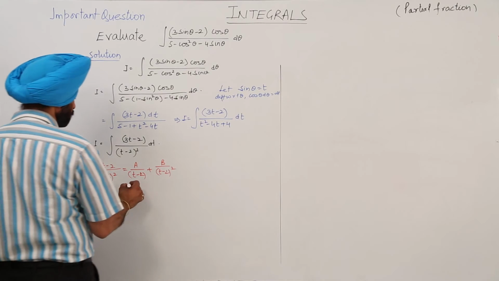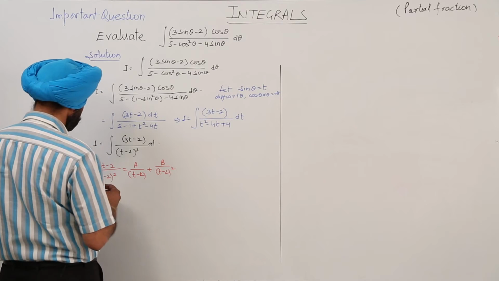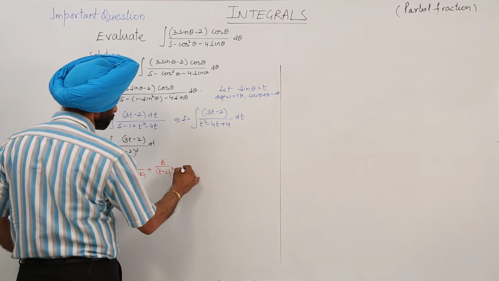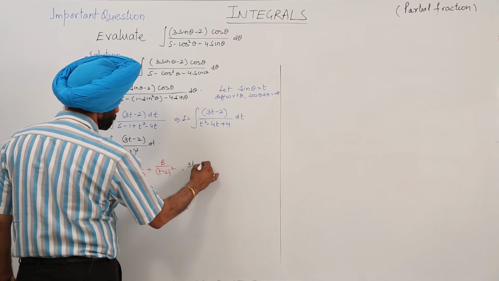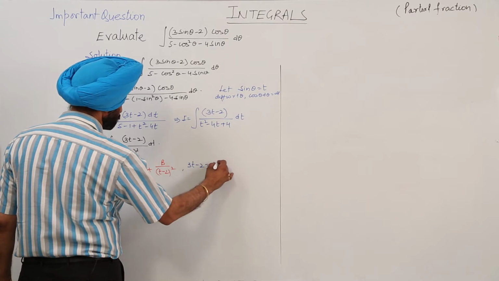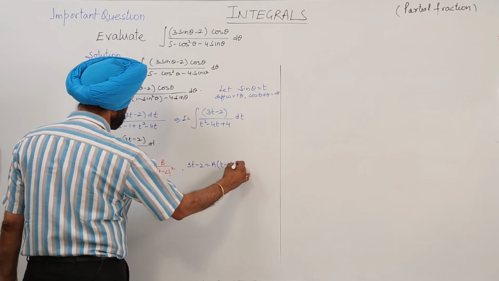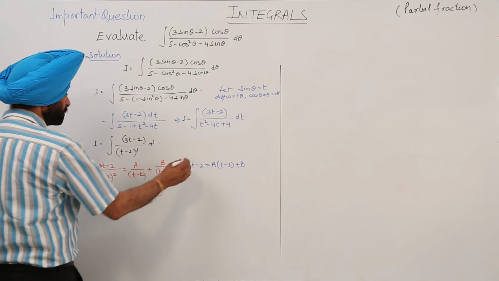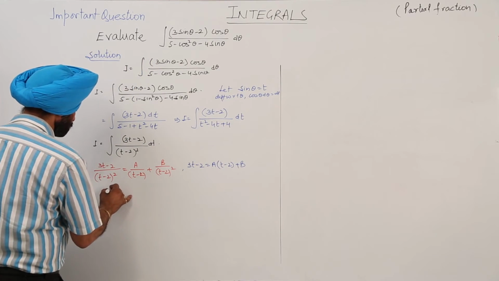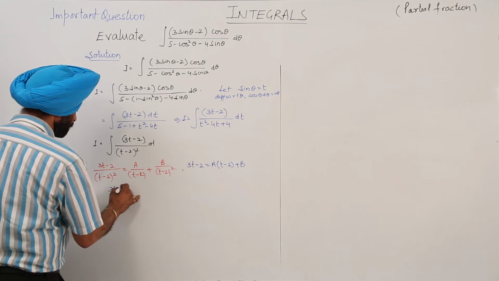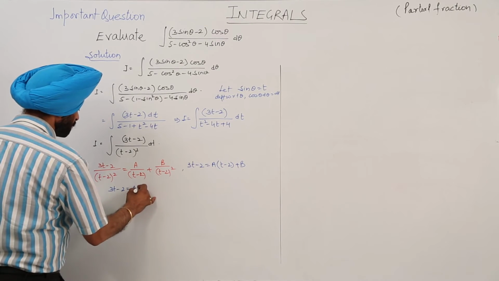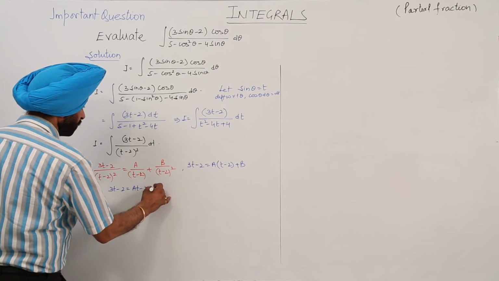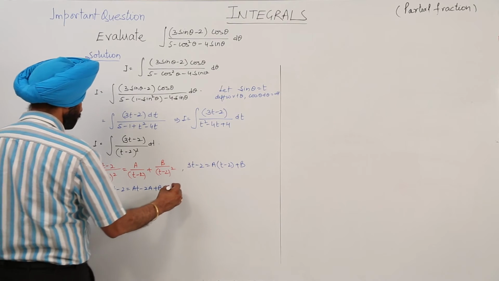Now 3t minus 2 is equal to a with t minus 2 plus b. Now this becomes 3t minus 2 is equal to at minus 2a plus b.